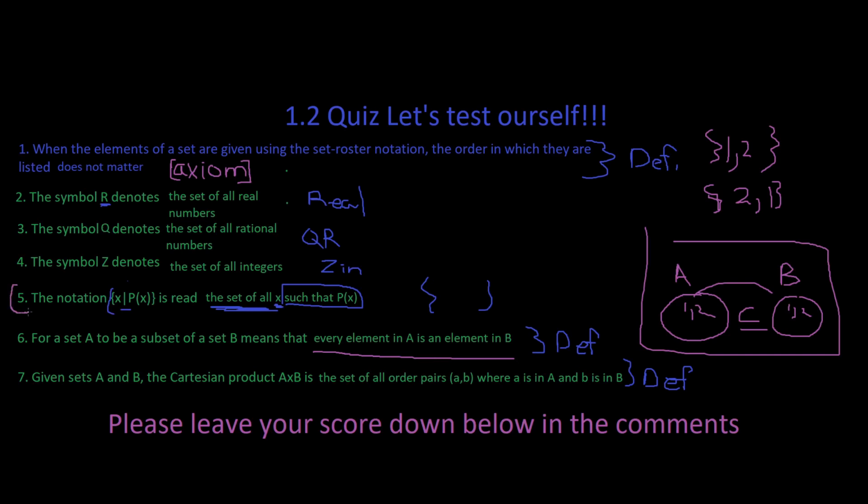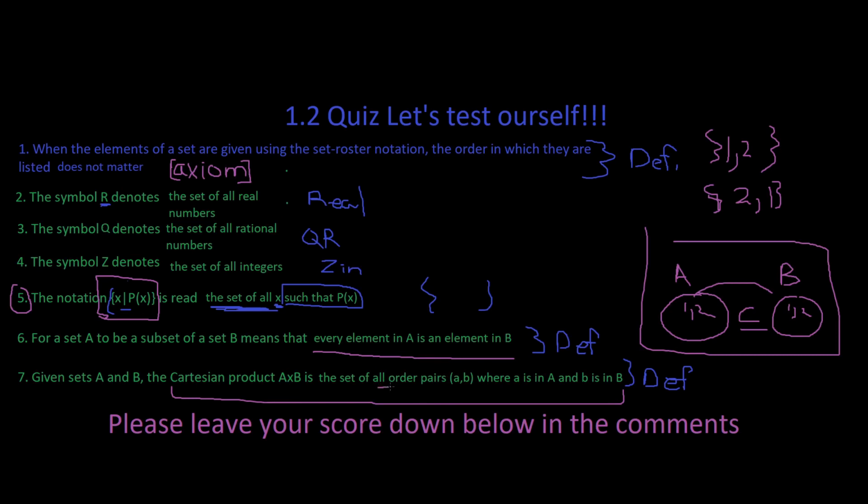But that one's a little harder because it takes knowing how to read the set right here. And so the last one here says, given sets A and B, the Cartesian product A times B is the set of all ordered pairs (a, b), where a is in A and b is in B. And this one I really emphasized in the video, because of the importance of using it.